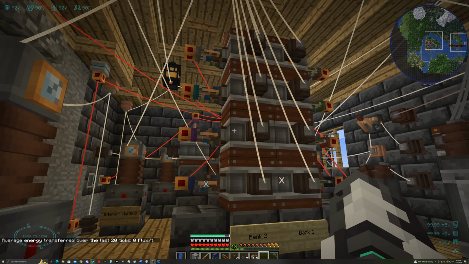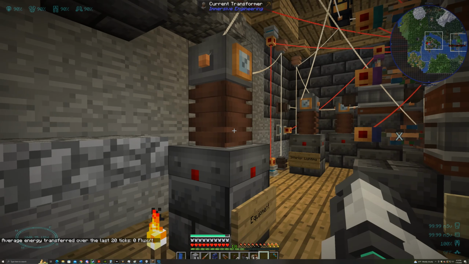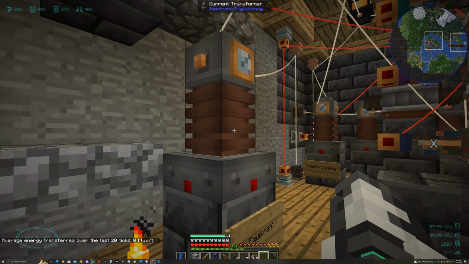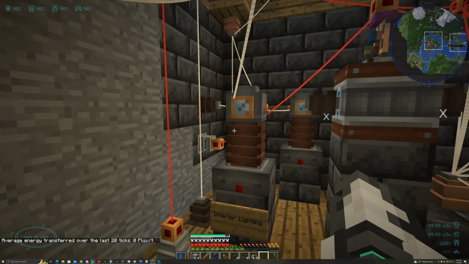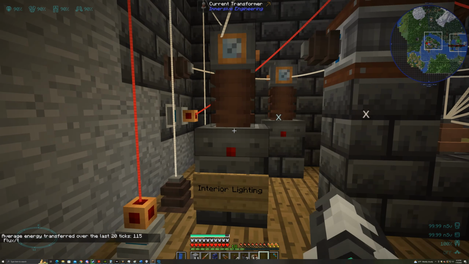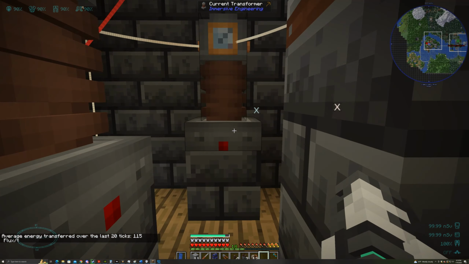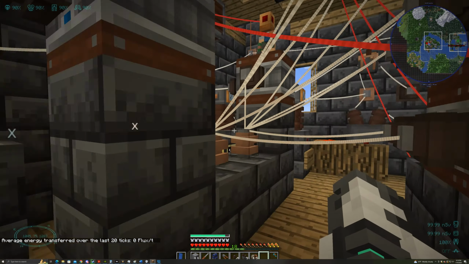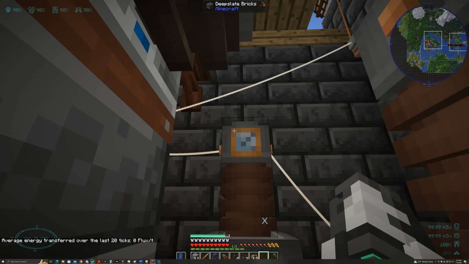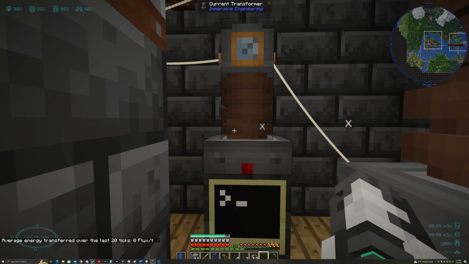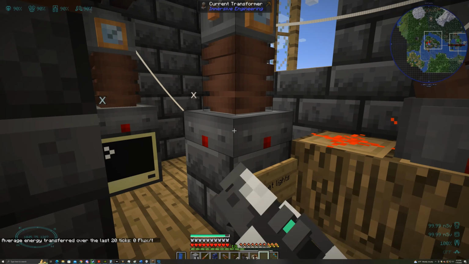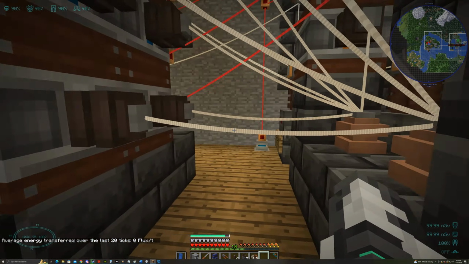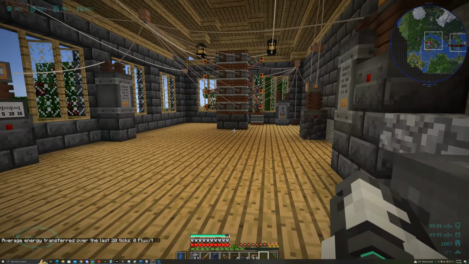Going up to there, which is then going to this battery. We have no flux going to the equipment because it's not doing anything. Interior lighting is drawing 115. This is actually a charge. Then we come over here. That is doing nothing. And the street lights are doing nothing because they're not on.